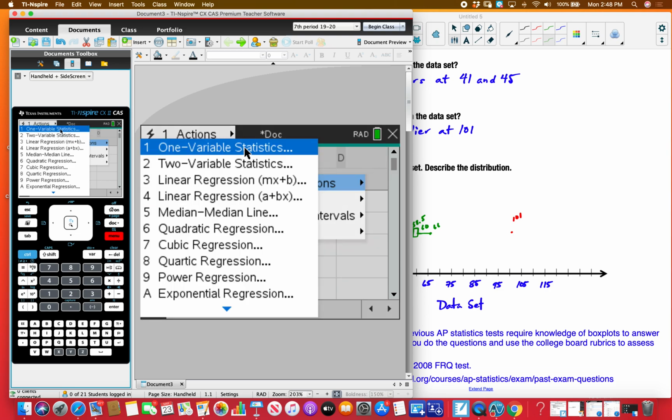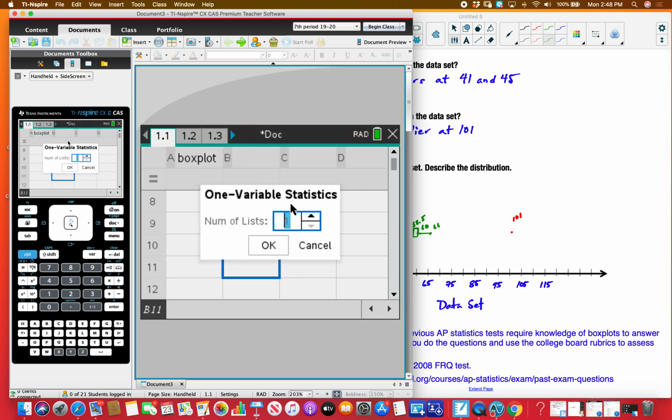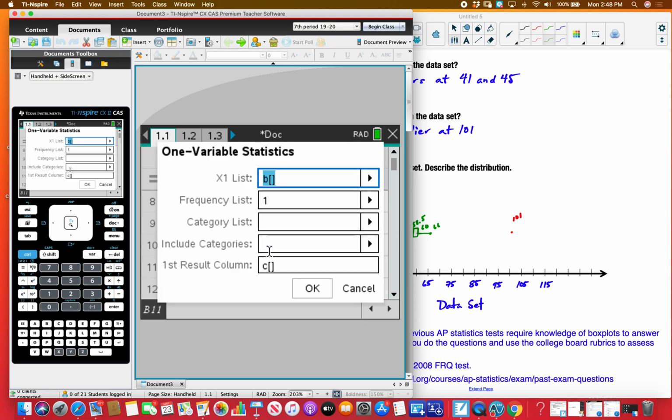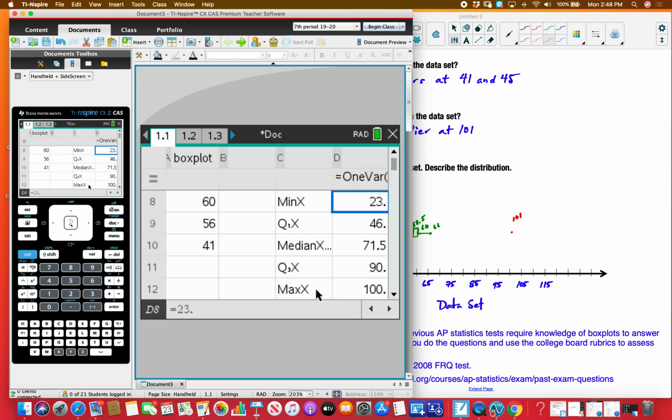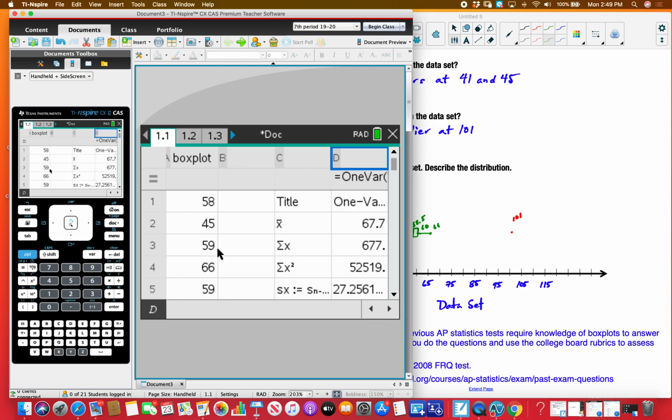This is one variable univariate data. I just have one list I want to run calculations on. My X1 list is going to be, I forgot what I called it. I think I called it DS. Nope, I called it box plot. That's going to be the wrong data. That's okay. I'll run it again. Give you some more practice. Oh, you know what?